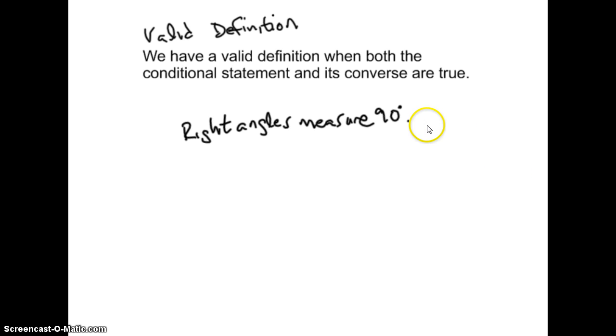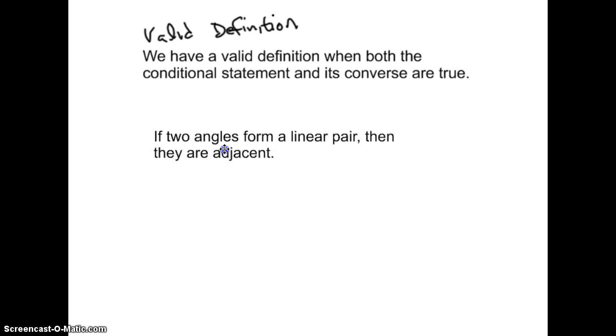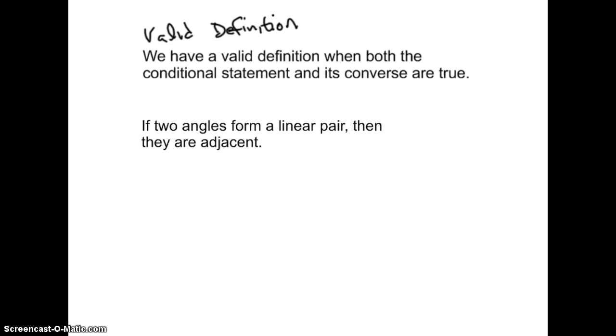Let's talk about a situation where we don't have a valid definition. Let's take the conditional statement, if two angles form a linear pair, then they are adjacent. So if we were to sketch a linear pair, it would look something like this. And that is true. If two angles form a linear pair, then they are adjacent. They share a vertex and a ray, and they have no interior points in common.